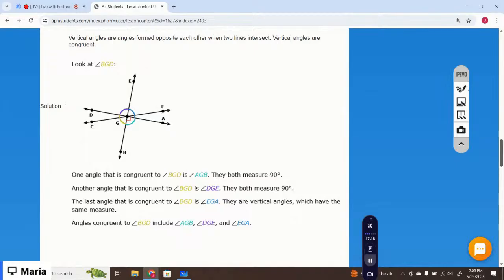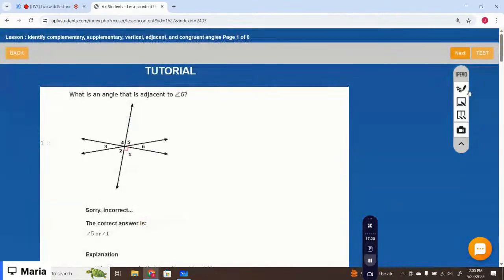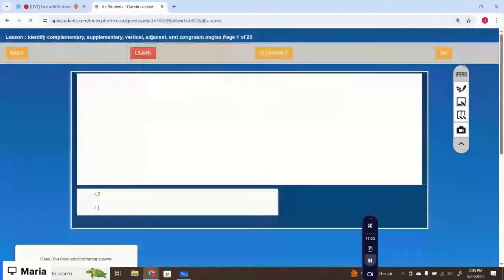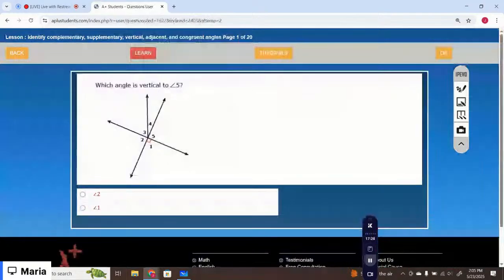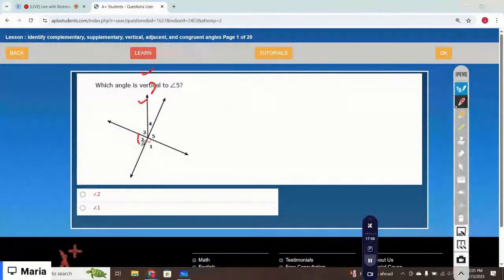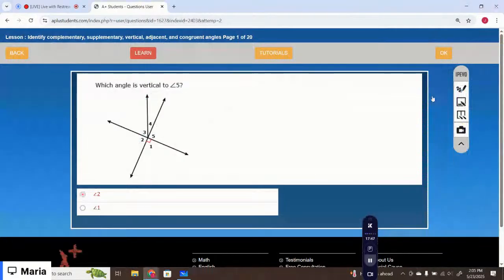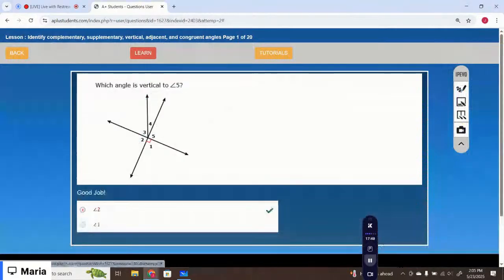Okay, let's start with the test questions. Which angle is vertical to angle 5? The vertical angle to angle 5 is the angle on the opposite side of the intersecting lines. So angle 2 is the vertical angle to angle 5.